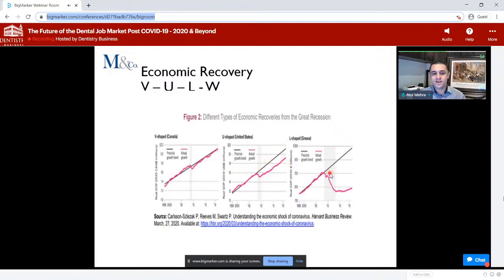And then the L-shaped recovery, like in Greece, for example, where the economy was humming along, but they had a lot of problems in sovereign debt issues. The country itself was having major issues handling the pension funds, and the cities were going bankrupt, and a lot of the pensioners were no longer getting their checks.